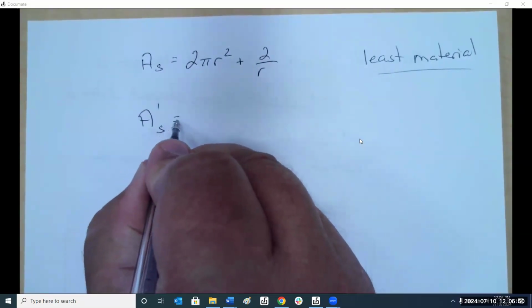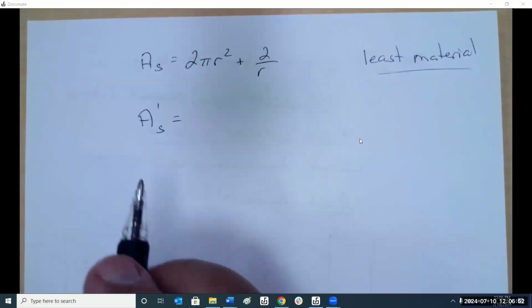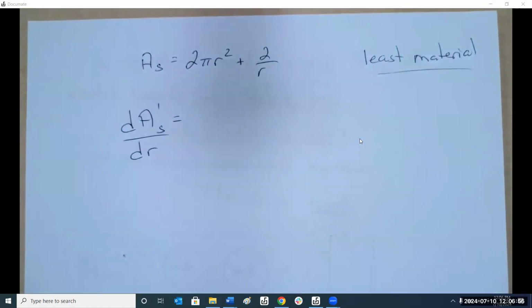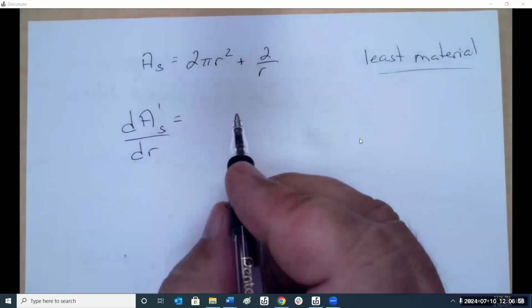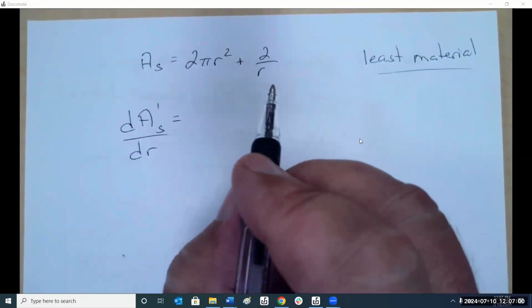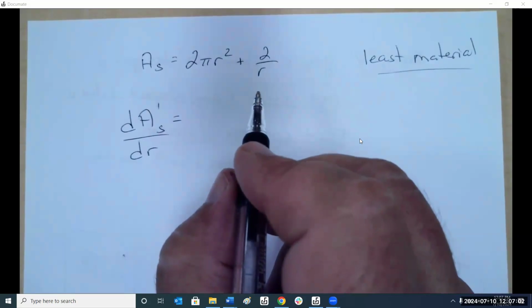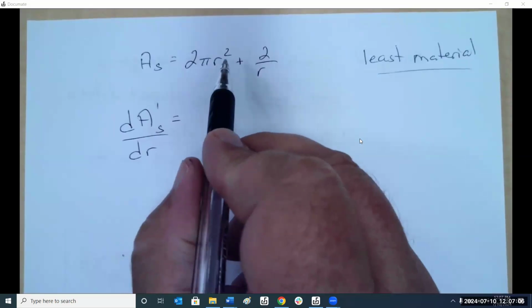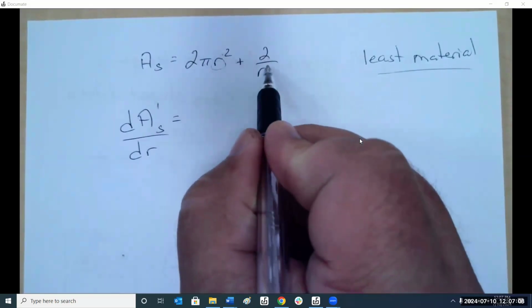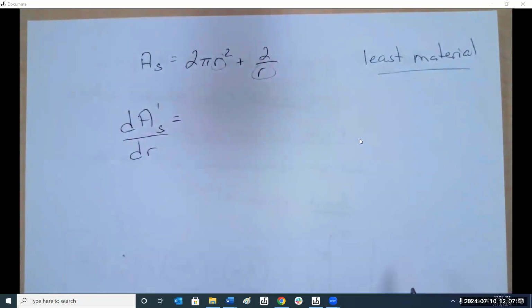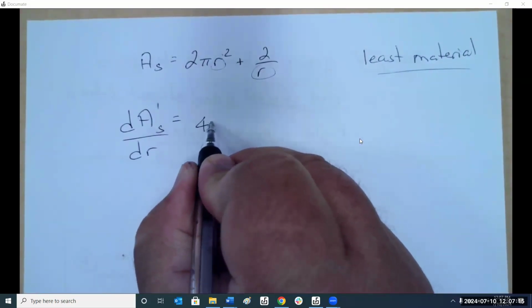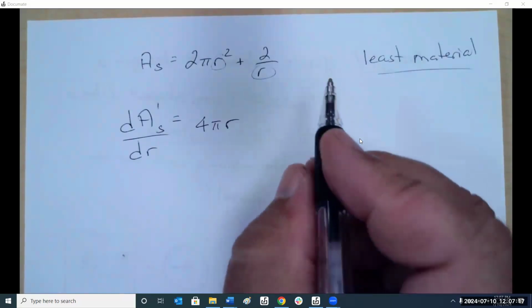The first derivative, dA/dr. We're taking a derivative with respect to r. So the first one's going to be 4 pi r.